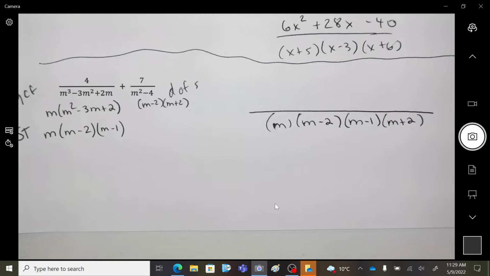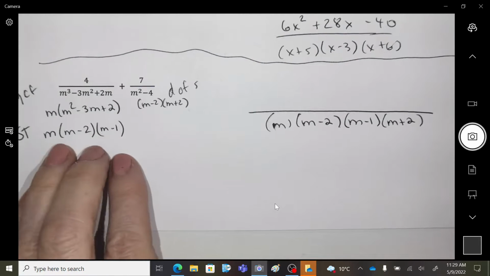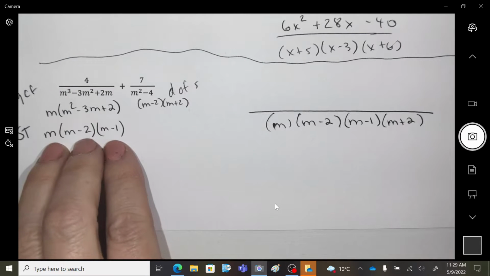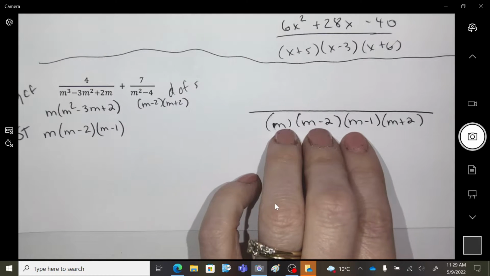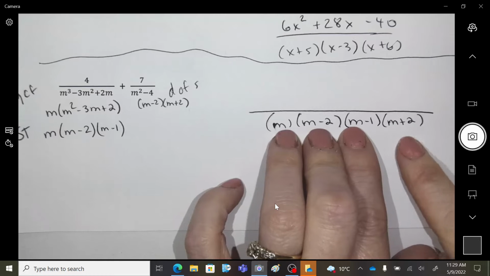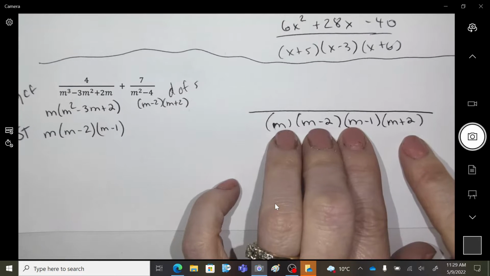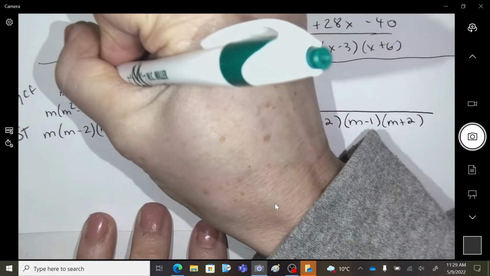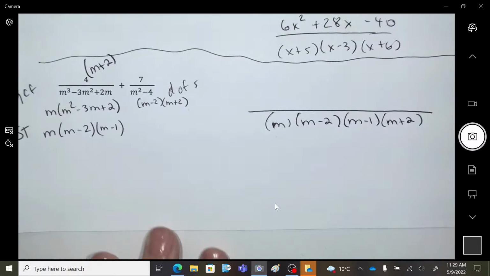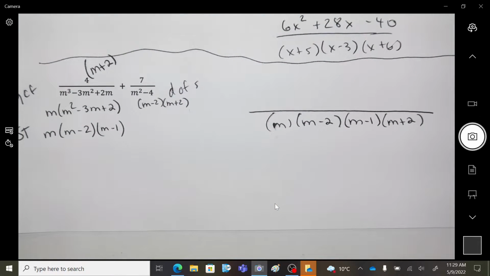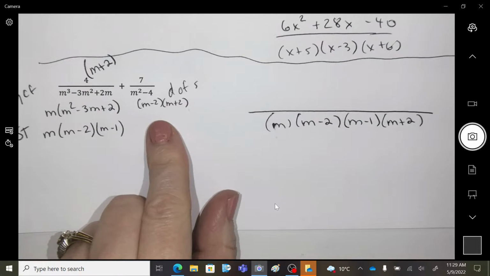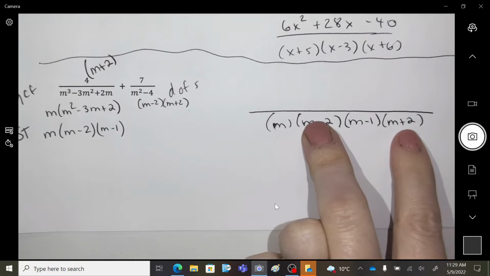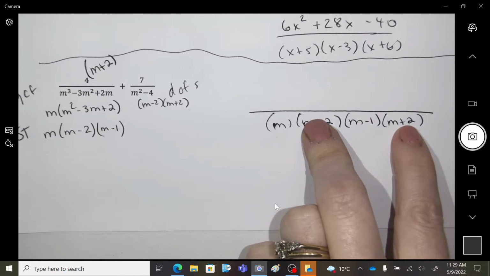All right, so what's missing? Looking at the first fraction, it had those three. So the missing thing was the m plus 2. Okay, second fraction, it had that and that.